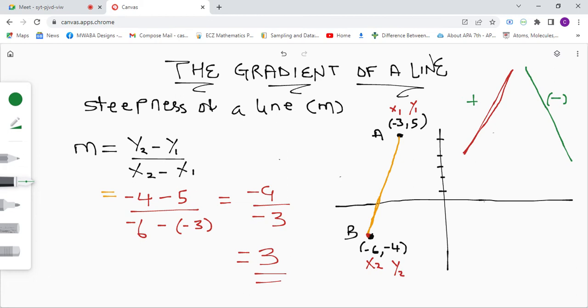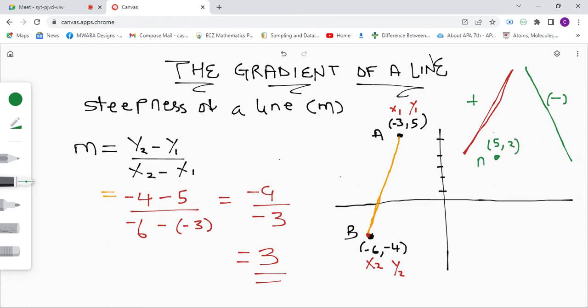So let's look at another line. Let's say we have a point here, 5, 2.